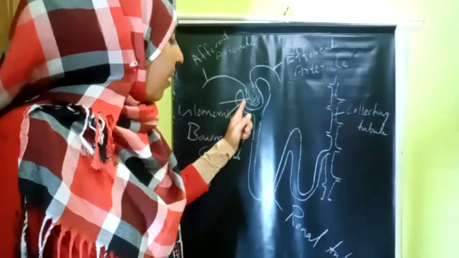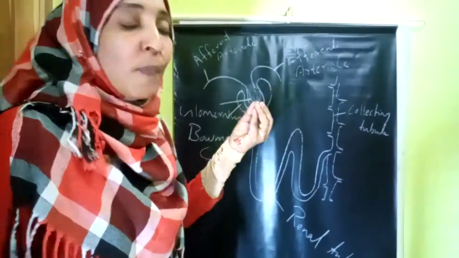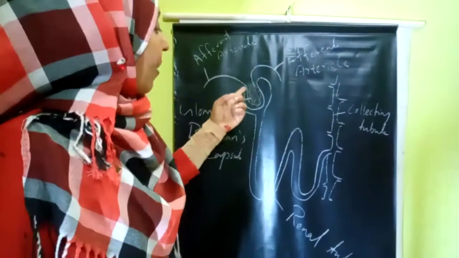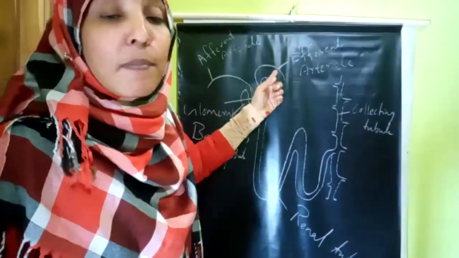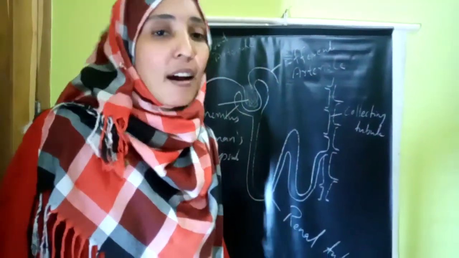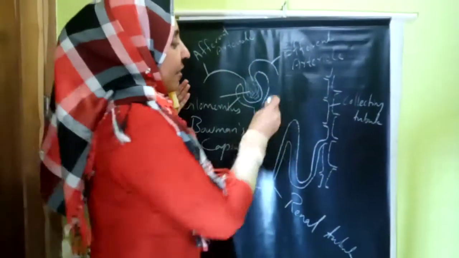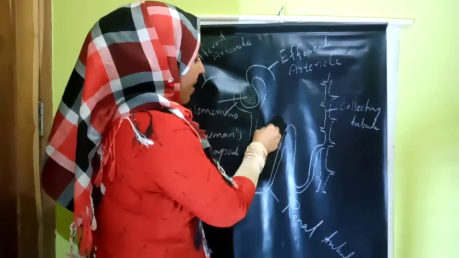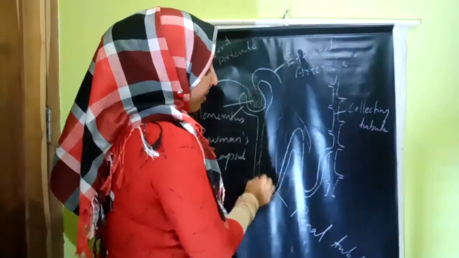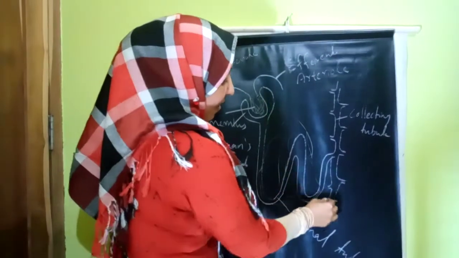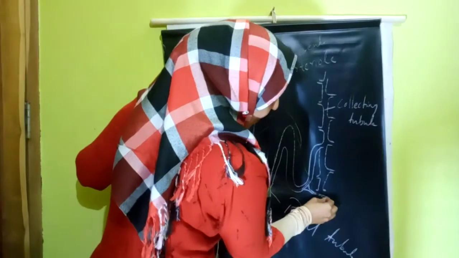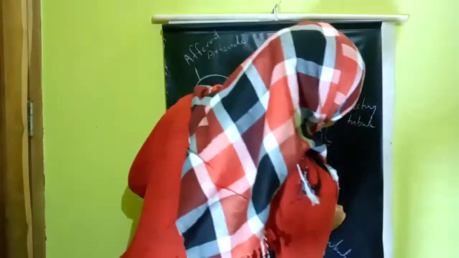Inside the Bowman's capsule, it is divided into a number of very small, thin and fine branches called the glomerulus. The glomerulus again reunites and comes out from the Bowman's capsule, and this branch is known as the efferent arteriole. Again, the efferent arteriole divides and coils around the tubular part of the nephron and again reunites and joins to form a branch of the renal vein.